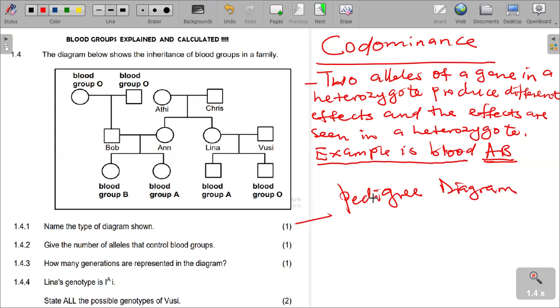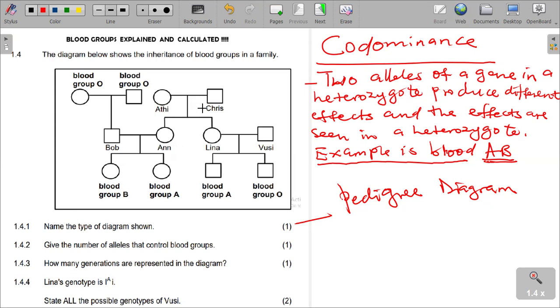For example, in this question, we can say RT and Chris can be given as parents, and then we've got Anne and Lina on our diagram, who are children born from these parents.